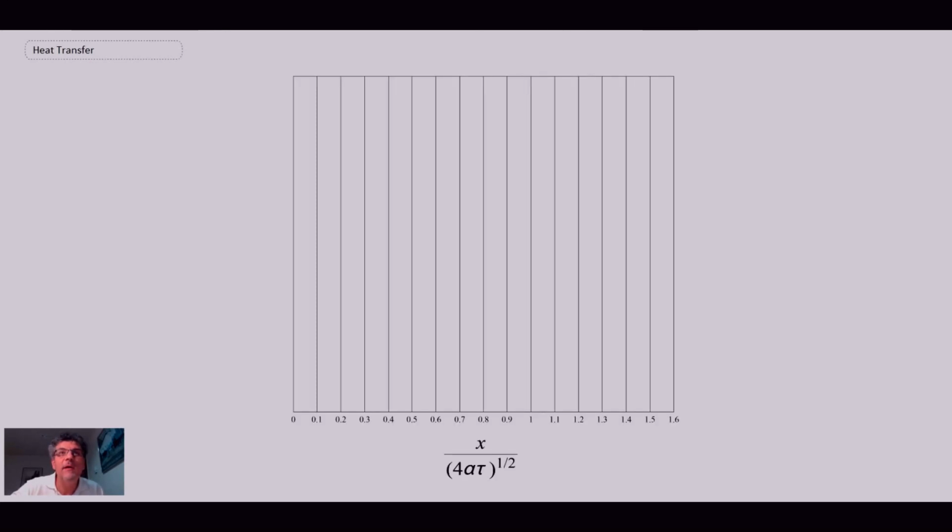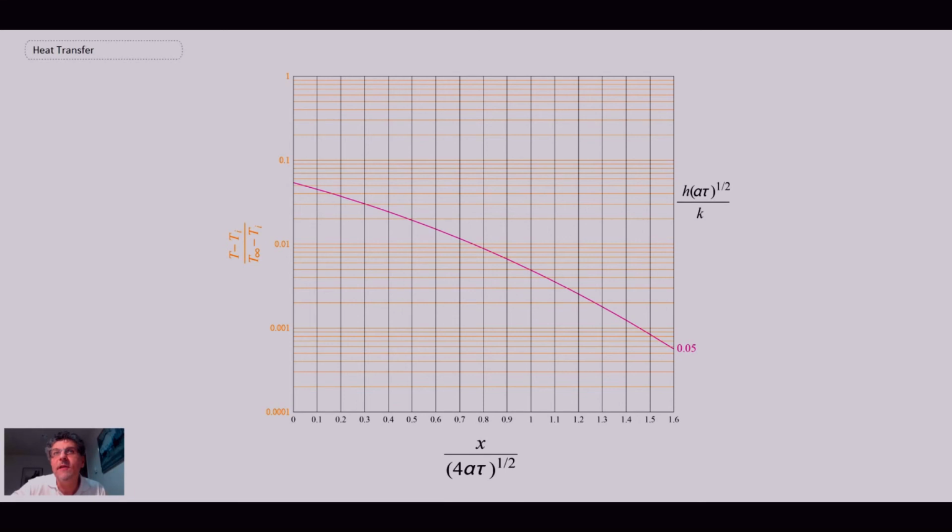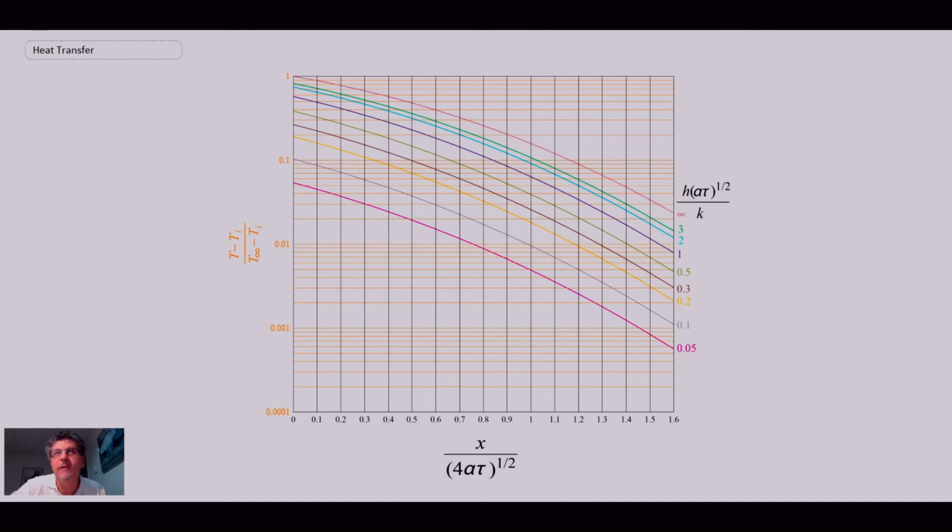So there you can see on the bottom we have the similarity variable and then our temperature on the vertical axis, and then you're going to see curves of increasing time, thermal diffusivity, convective heat transfer coefficient, and thermal conductivity, going all the way from 0.05 up to infinity. And all you would do is you just go up into that curve, whatever the particular parameters you're looking at, and you would read off the specific value.